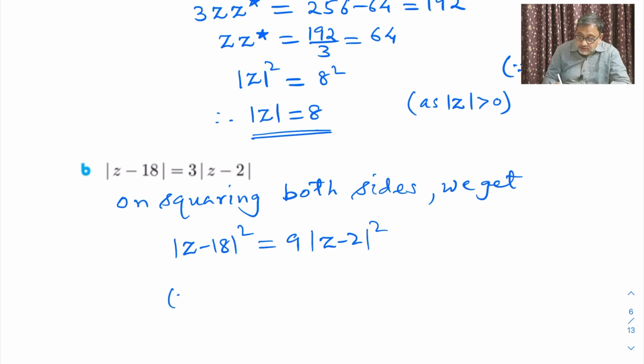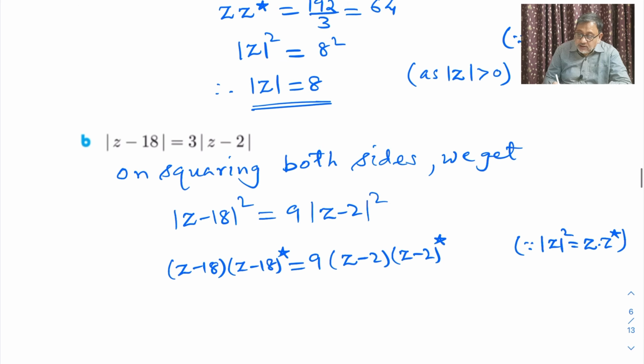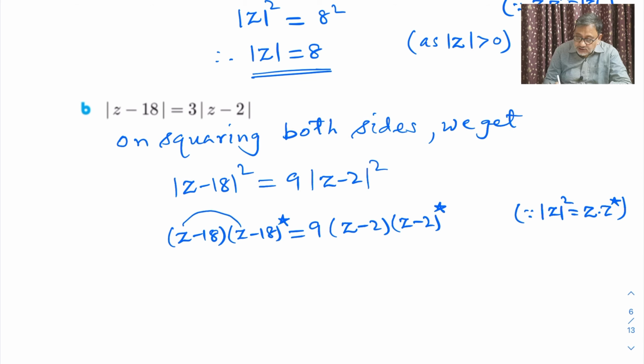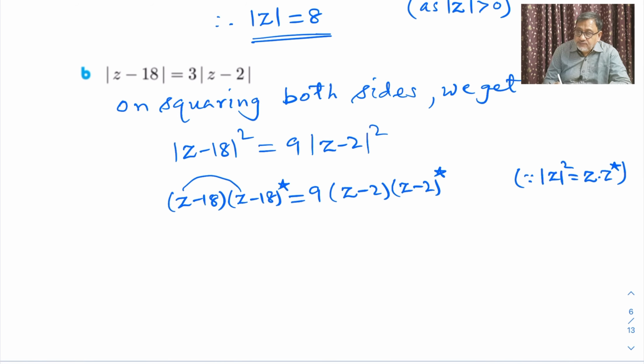So this will be z minus 18 into z minus 18 bracket conjugate, okay, is equal to 9 into z minus 2 into z minus 2 bracket conjugate. Why? Since modulus of z square is z into z conjugate. So this property I am using. Now I will multiply it out. So z into z, it will be z square.